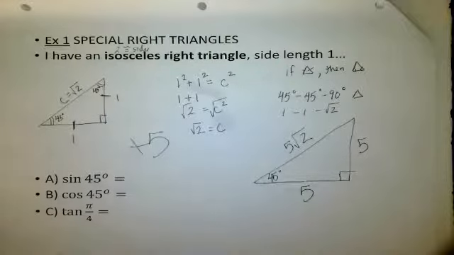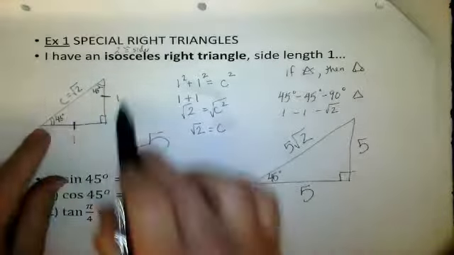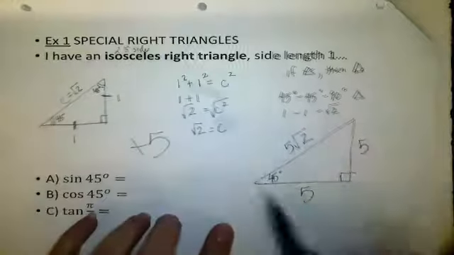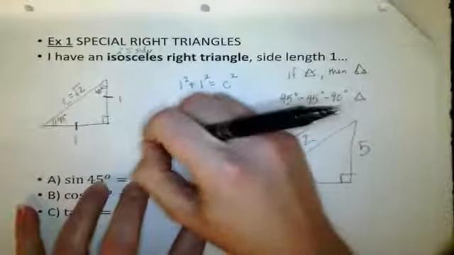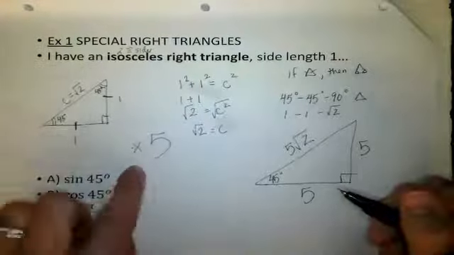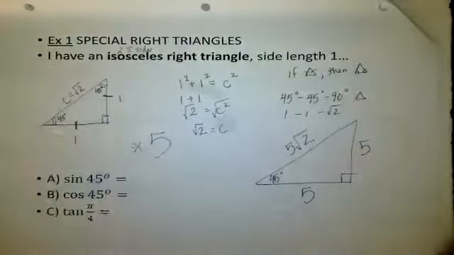So it doesn't matter how small or how big it is. I can multiply by 5. If I can multiply by 5, could I divide by 5? I sure could. I can multiply by anything I want to. That's a scalar multiple, scaling it up or scaling it down.